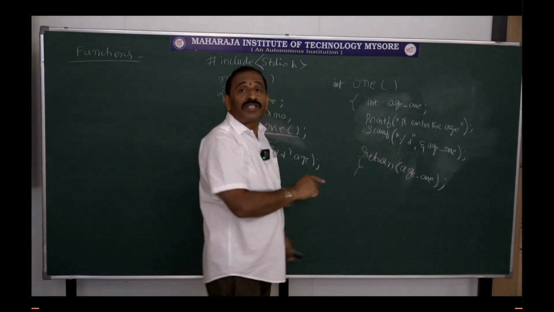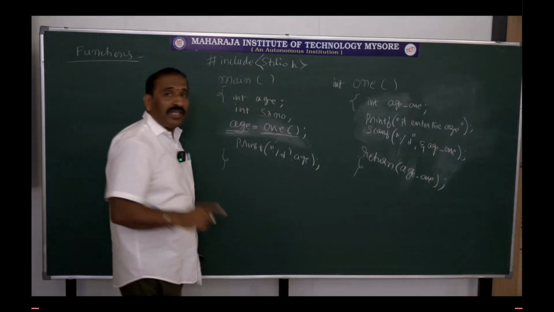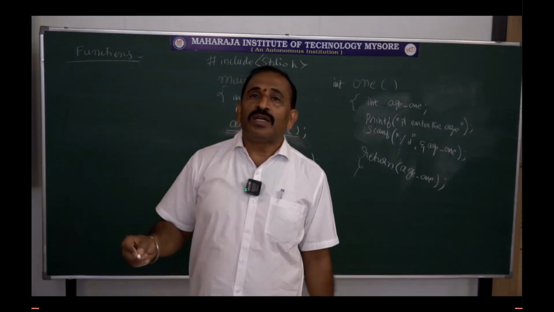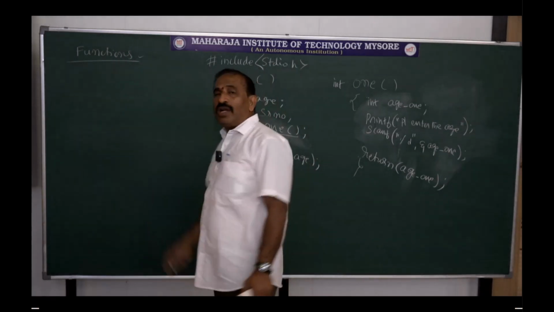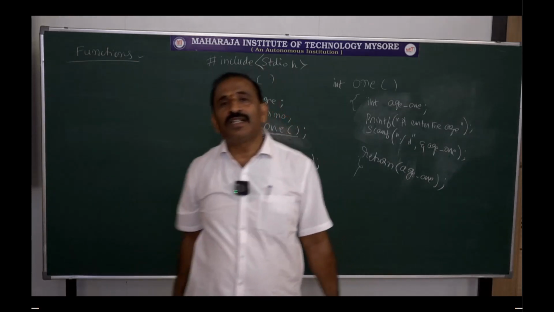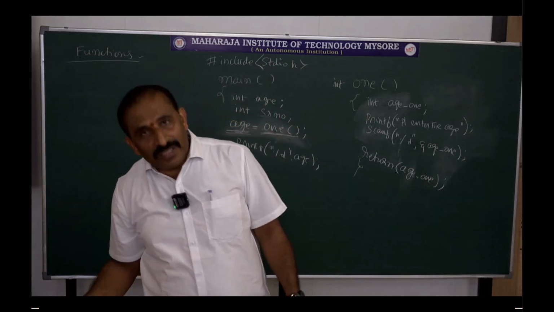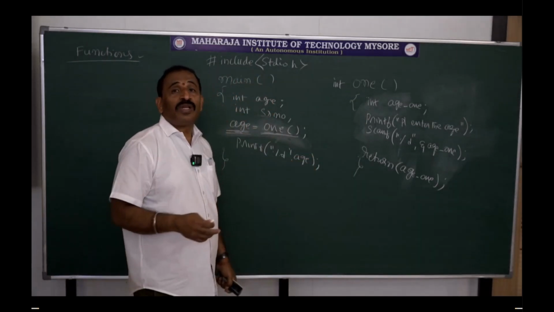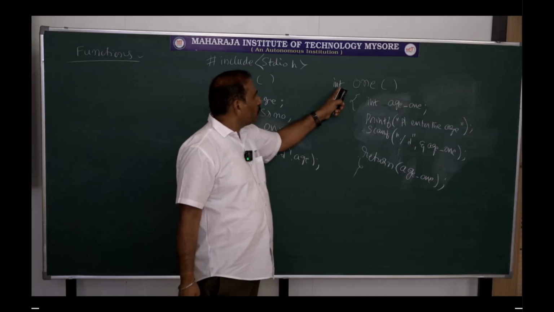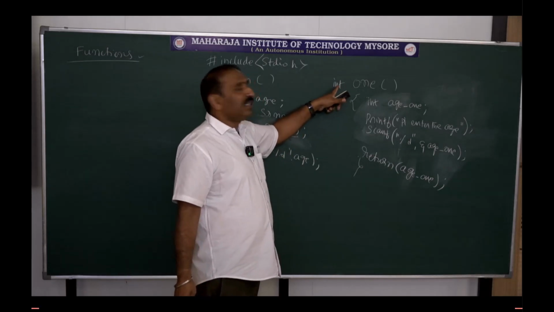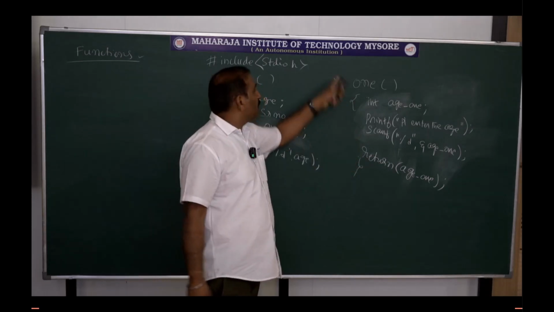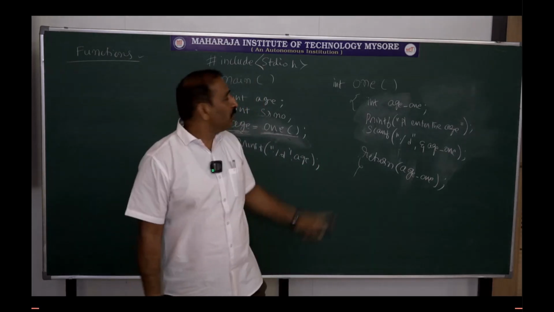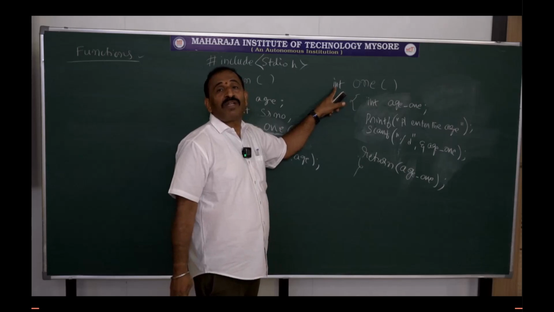Then this completes. Now you can ask me, sir, while writing the program so far, for main what is it returning? You have to understand what the possibilities are. Here an integer is returned, that is why int. If it is returning a character, then it will be a character type of function.